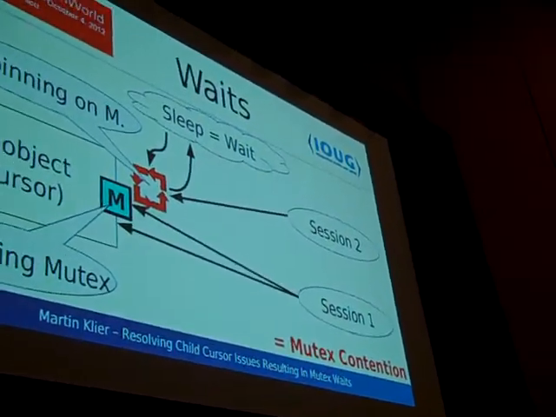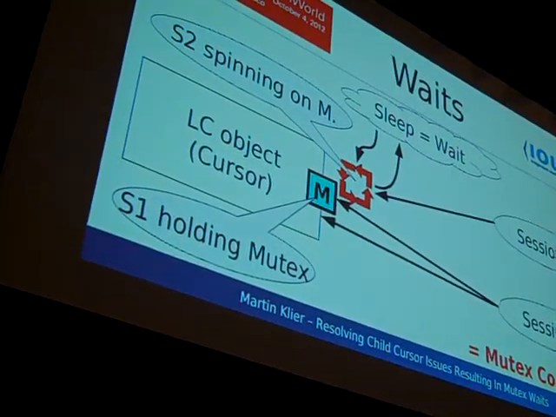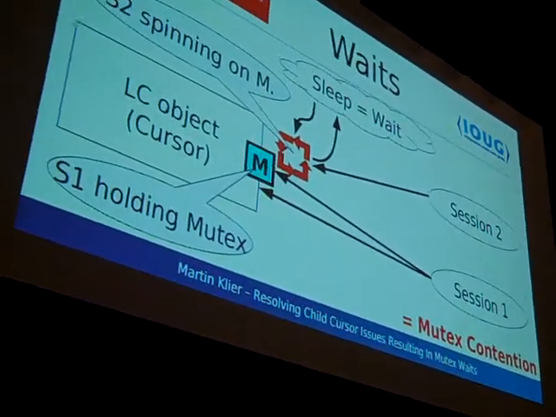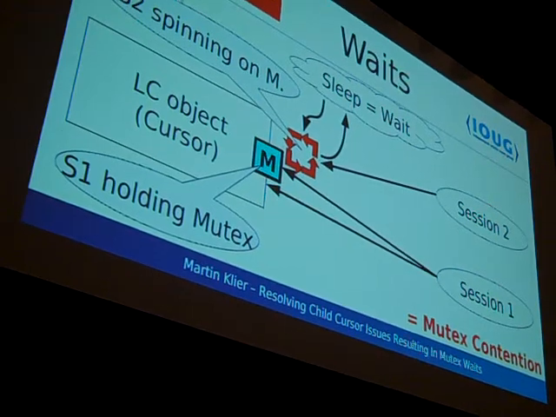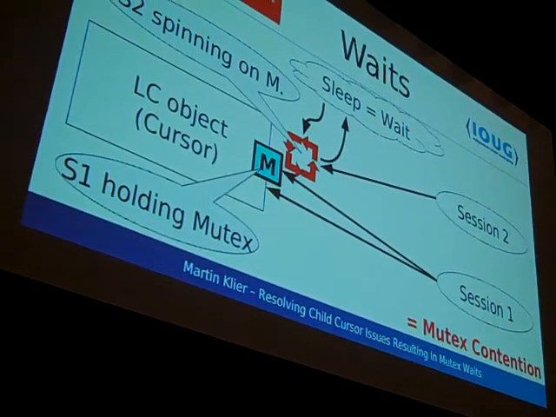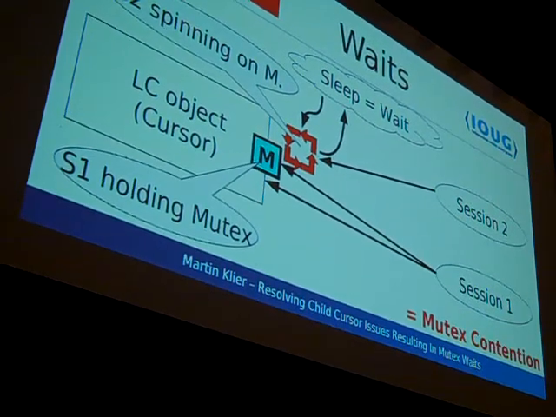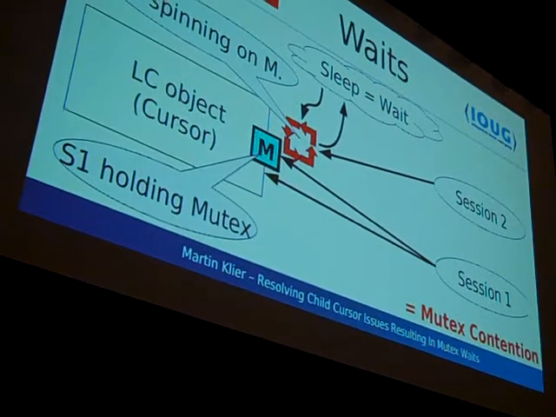And as soon as it's sleeping, it's recording a wait event. If it's spinning, it's not recording a wait event. If it's spinning, it's displayed as CPU time, and if it's sleeping, it's wait time. So the time you are seeing in the wait interface of Oracle is not the time we are spending on the mutex. It's the time we are sleeping because we did not get it.